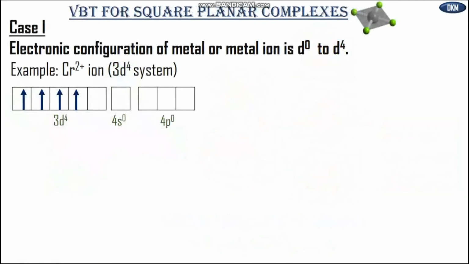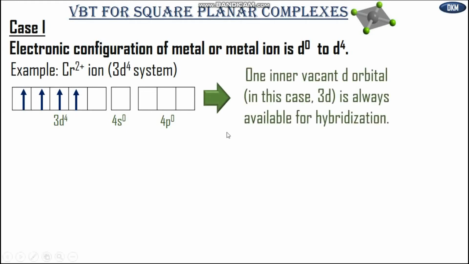Now consider case 1, where the electronic configuration of the metal ion is d0 to d4. In this case, always more than one inner d orbital remains vacant. You know, inner d orbital makes a stronger bond than the outer d orbital. So, this type of metal ion always forms an inner orbital complex.